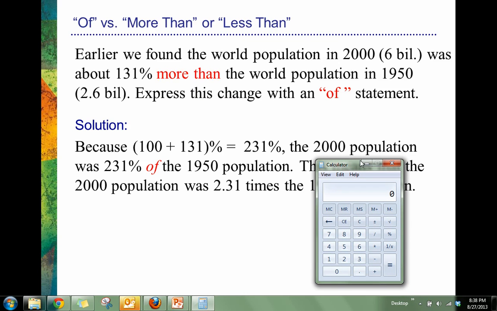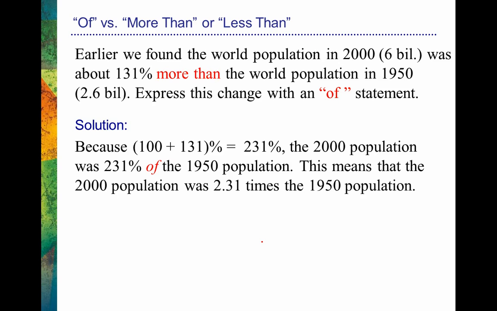The population in 1950 was 2.6 billion, and now we can multiply that by 2.31. And again, we find the new population in the year 2000 being about 6 billion. So that summarizes what I did right there.